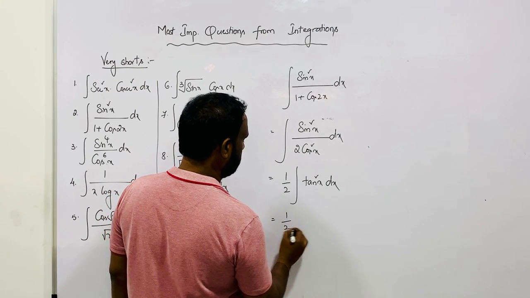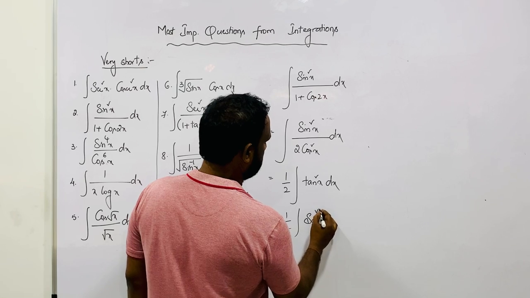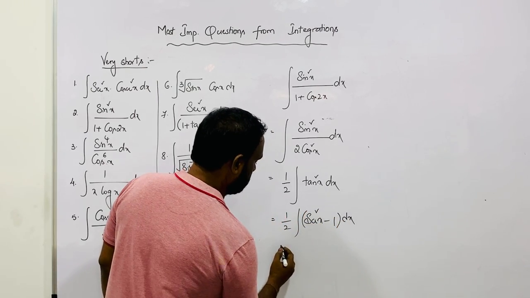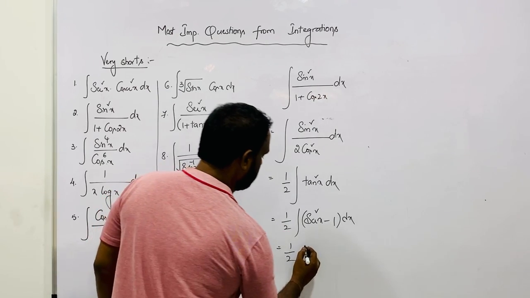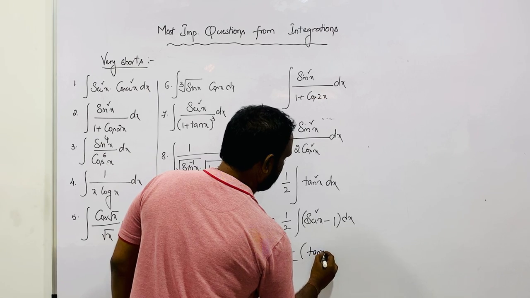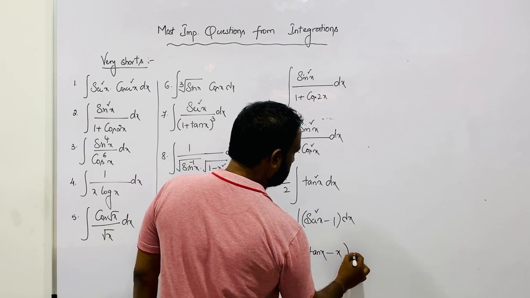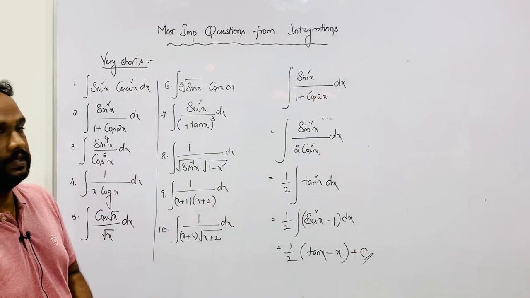Now convert this into the corresponding secants. Tan square x can be written as secant square x minus 1 dx, that is nothing but 1 by 2 into integral of secant square x is tan x and integral of 1 is x plus c, where c is the constant of integration.